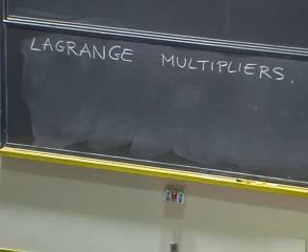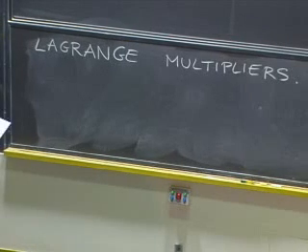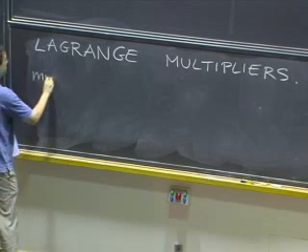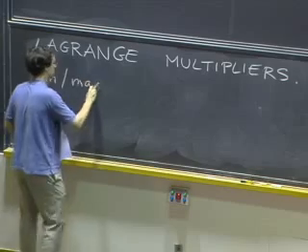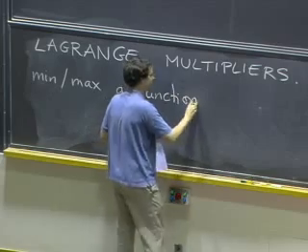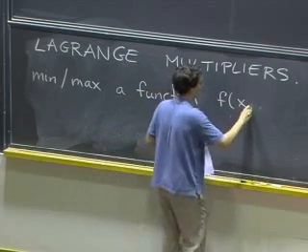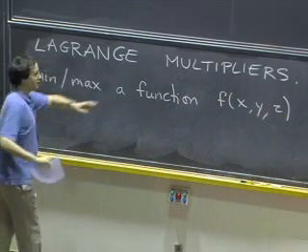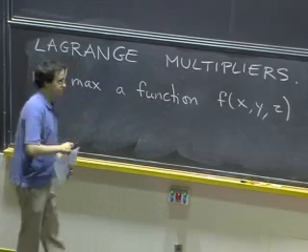OK, so what are Lagrange multipliers about? Well, the goal is to minimize or maximize a function of several variables. Let's say, for example, f of x, y, z, three variables, but where these variables are no longer independent.